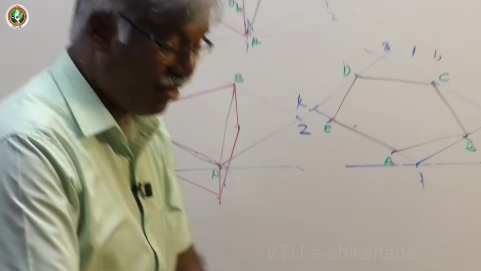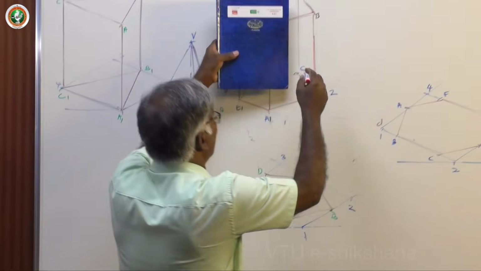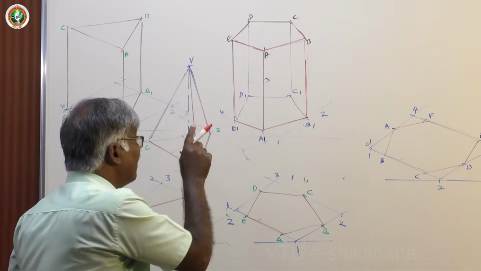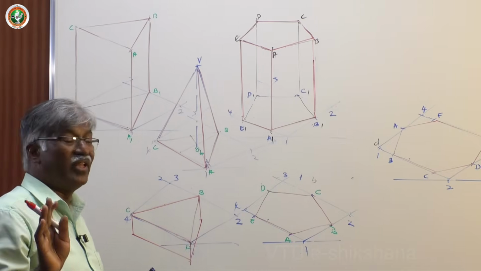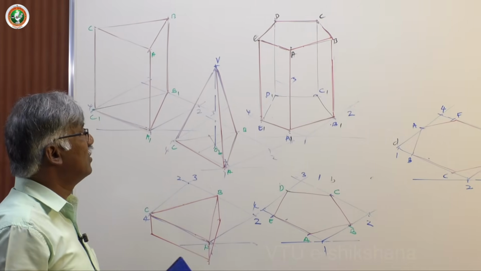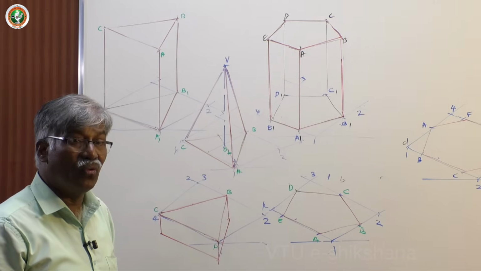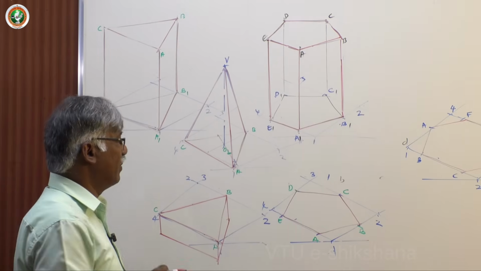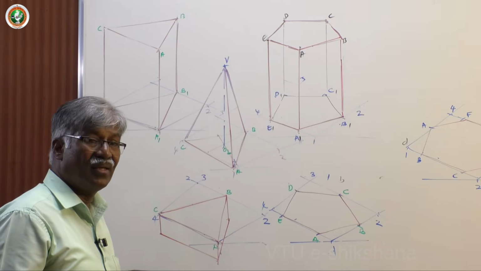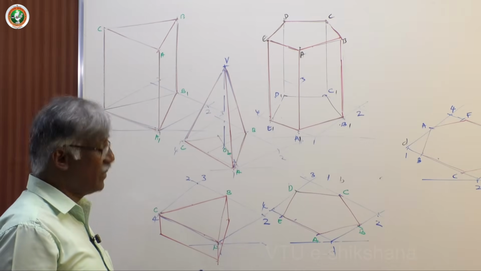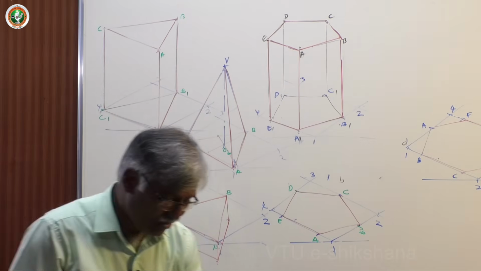So dot these lines with a dotted line in case of solids, but in isometric don't draw anything, leave as such. So this is the isometric projection or view of a pentagonal prism. If it is a pyramid, what exactly do you do? If it is a pyramid, the same procedure you have to follow.